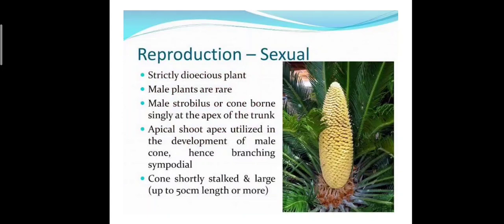The reproductive organs are known as cones or strobili. So there will be a male cone and a female cone. We'll discuss the details of these cones later. So for now, there will be a male and a female cone.